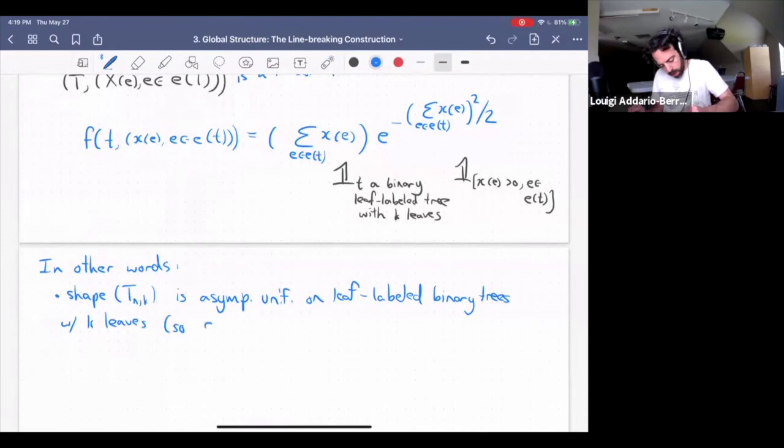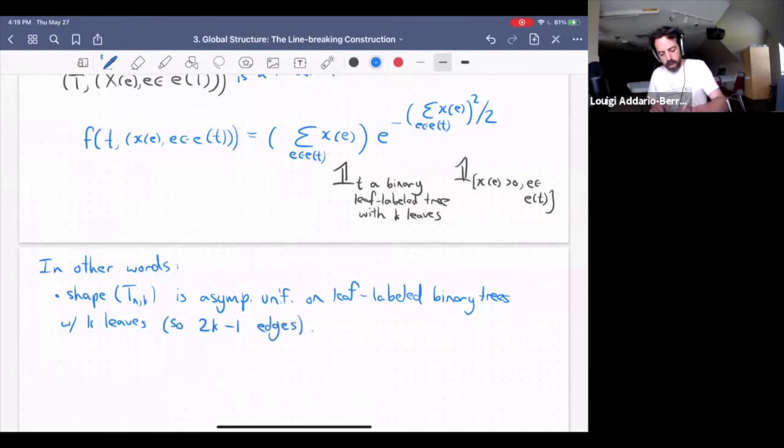And so that in particular means, maybe I should say one thing, 2k minus 1 edges.